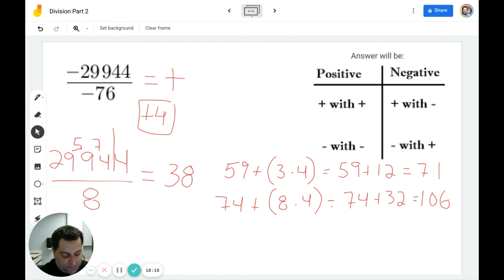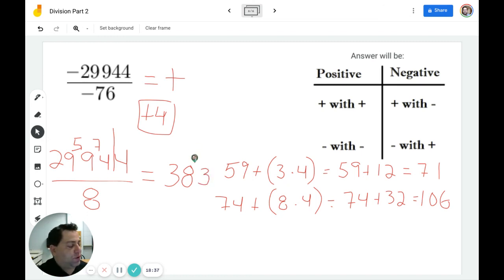106 divided by 8 is going to be, well, 8 goes into 10 one time. 8 goes into 26 3 times. So my answer is going to be 13.